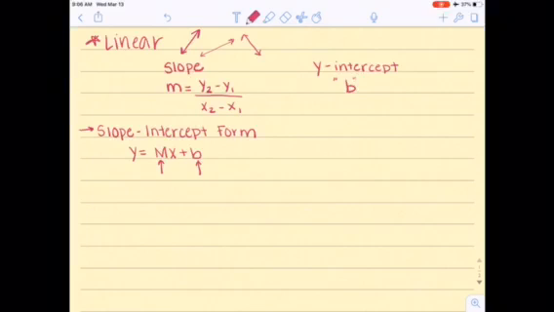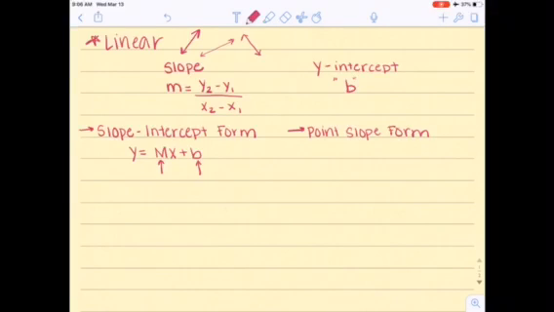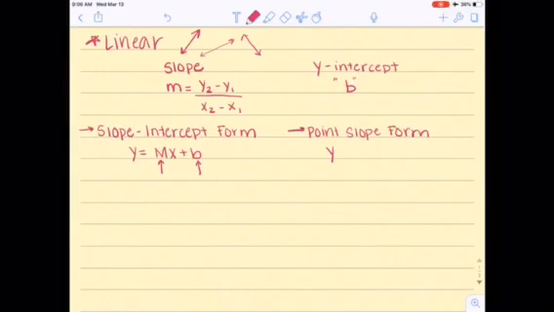Some other things to think about. Point-slope form is another way to write the equation of a line. It's also useful in getting you the equation, and we represent that by y minus y sub 1 is equal to m times x minus x sub 1.